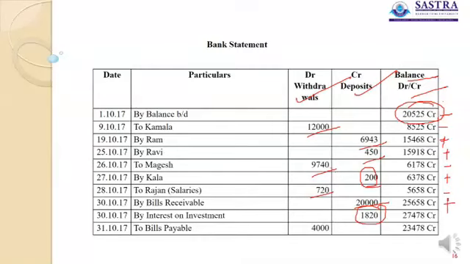So we got another receipt, 27,478, and finally there is a bills payable which decreases the balance credit. Though we got ups and downs in the balances of bank, 20,525 at the beginning credit balance has been increased to 23,478.